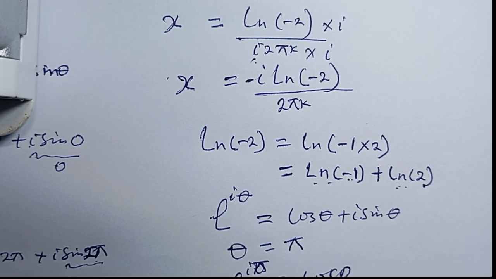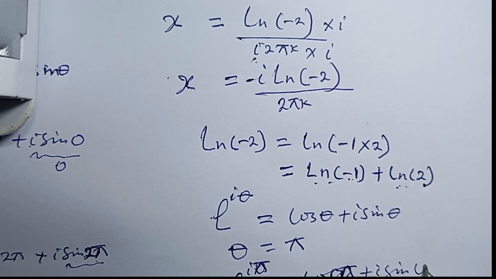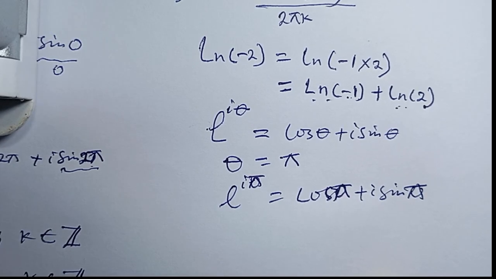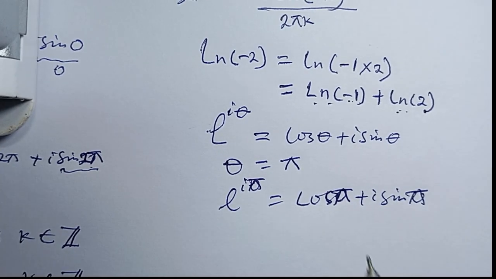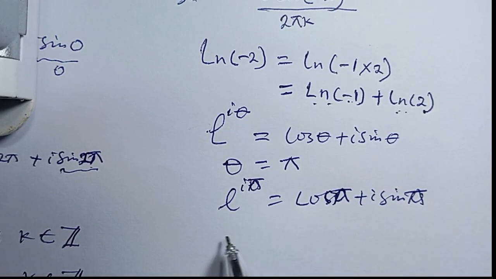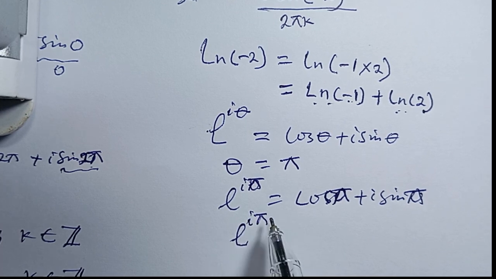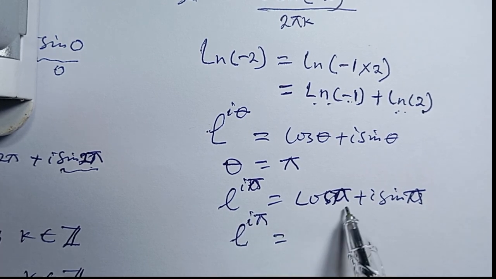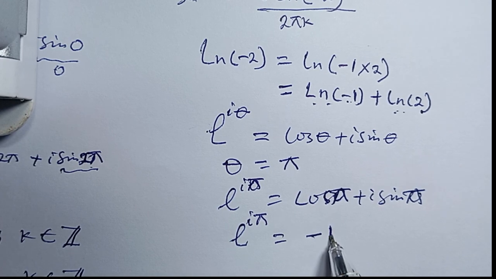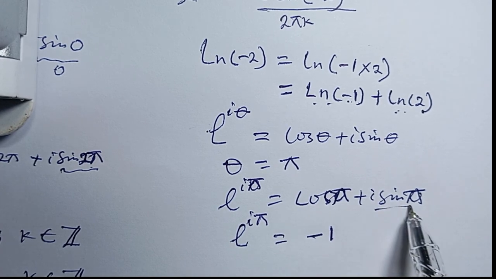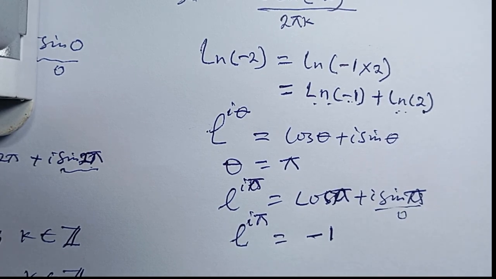So we're going to be having cos pi plus i sine pi. So this is what we have at this point, and of course you're going to be seeing that e to the i pi is equal to minus 1, and of course this sine part is also equal to 0.